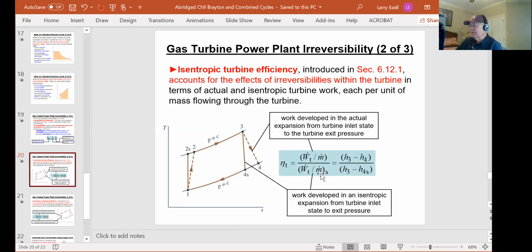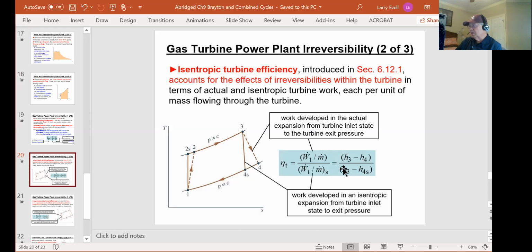And the isentropic is going to be on the denominator, on the bottom, the biggest ratio. You can never have more than one, so you want to make sure you've got a number that's less than 1. In a turbine, this is the ideal work, and you won't work out. You never get as much work out as ideal. So the actual work is H3 minus H4.